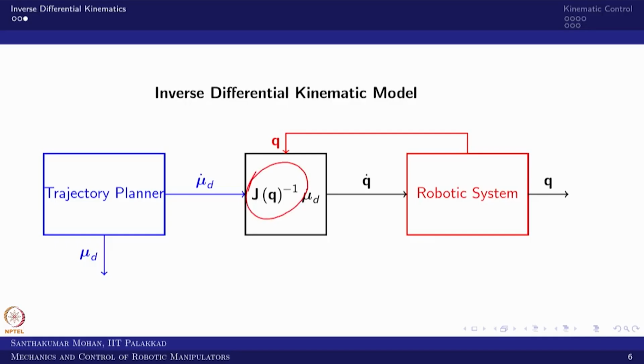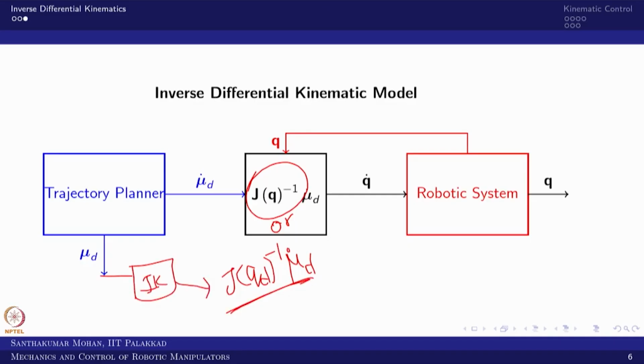Okay. I already told you strictly we can write it this way: J of q desired inverse times x desired dot. Okay. So this is the equation. For that, the inverse kinematics will give the q desired, right?